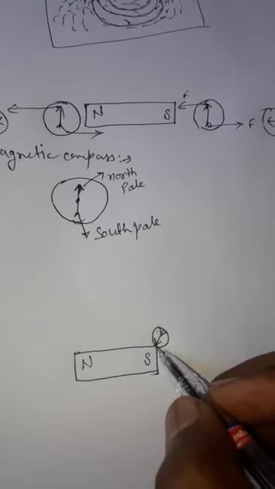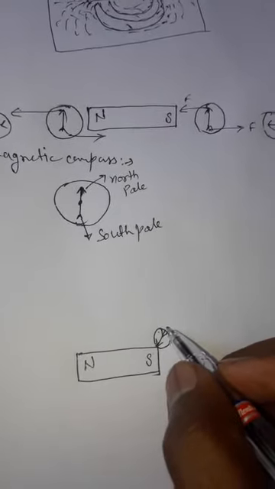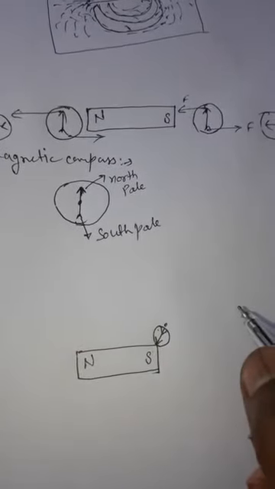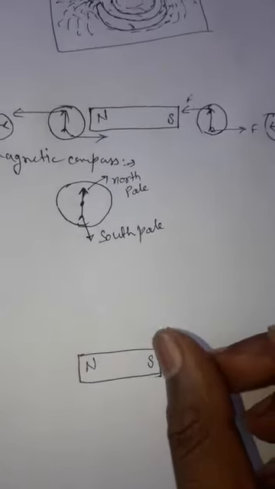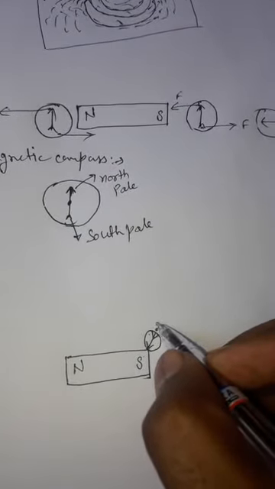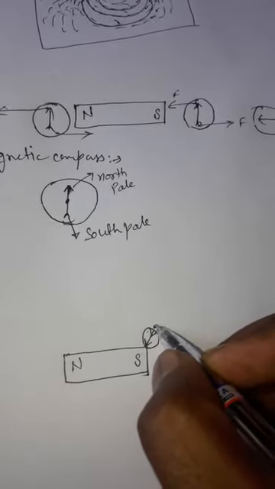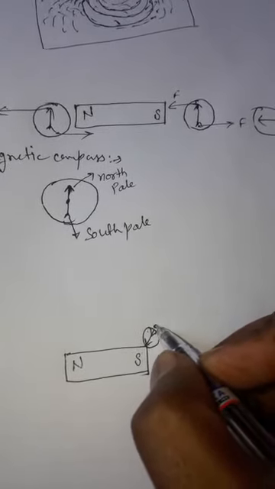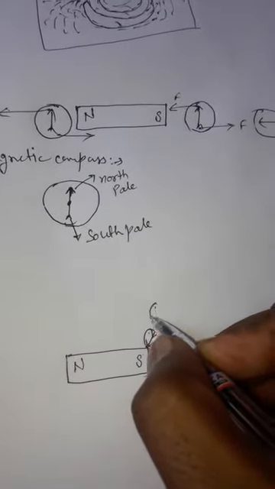Now we mark the tail of this needle with the help of a pencil, and then take this compass and again place it near this mark, so that its head touches this dot like this.